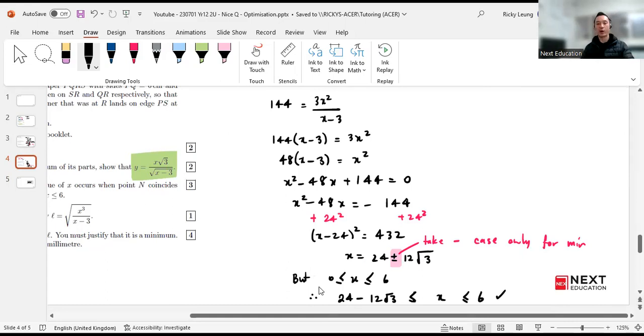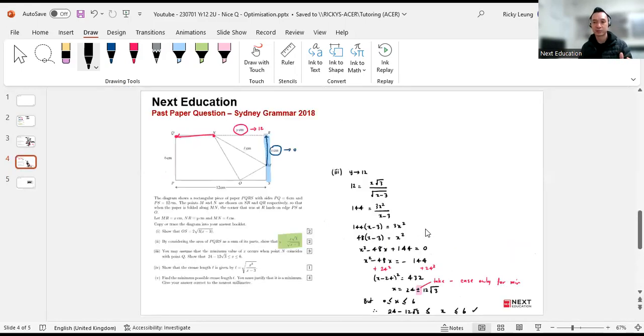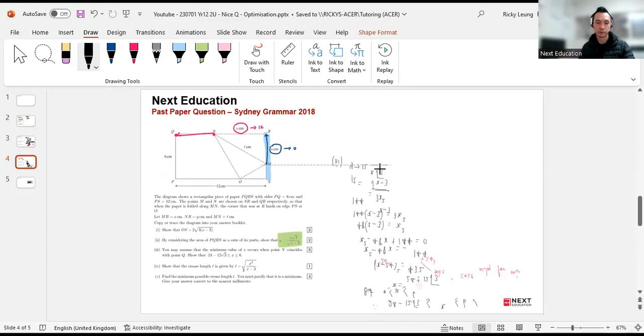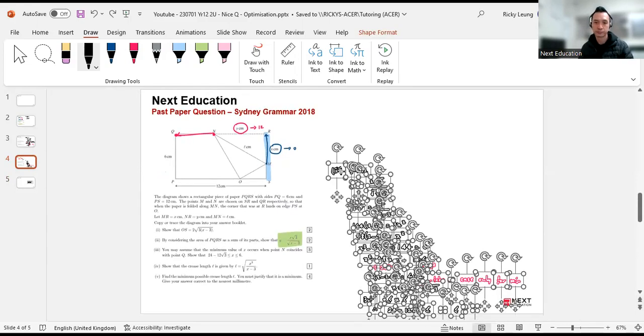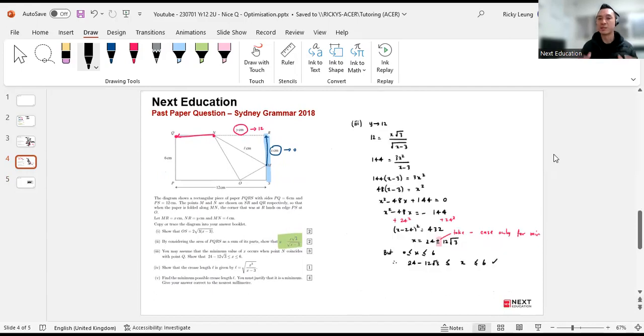So let me say that again. Why did we do that calculation? Because, sorry, let me move this back up. In this case, x is minimized when y goes to 12. So we sub 12 in just to find the value of x which is the smallest.